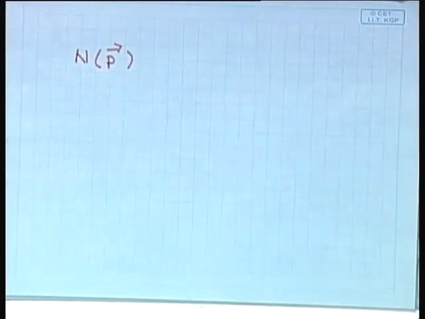Now, I have already told you this, we assume that the universe expands slowly, compared to the frequency associated with each of these particles. If you assume this, then the particles are not created or destroyed due to the expansion of the universe. There is no change in the particle numbers.